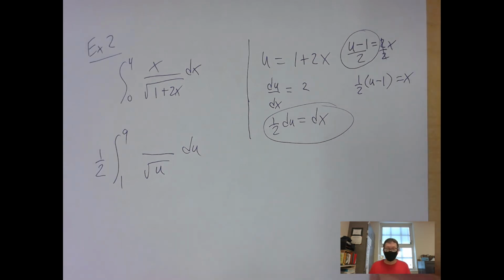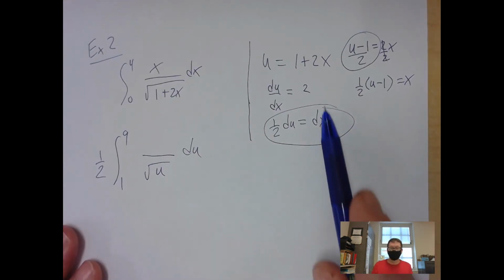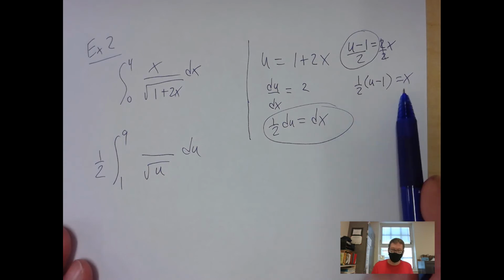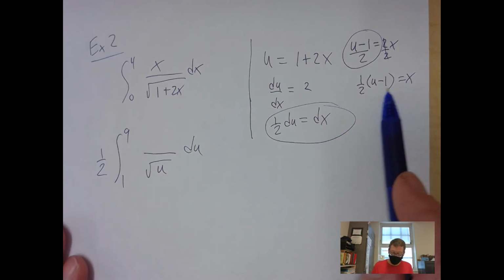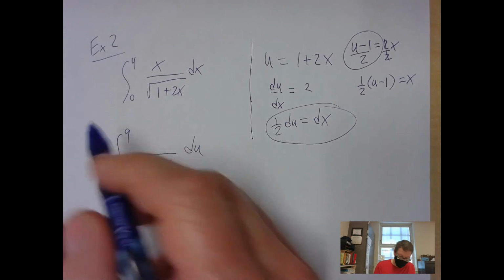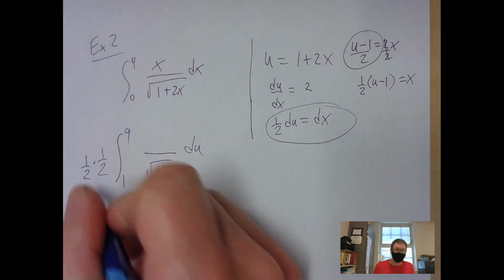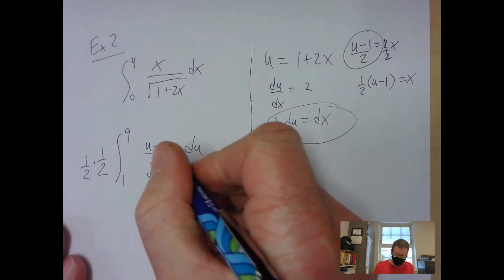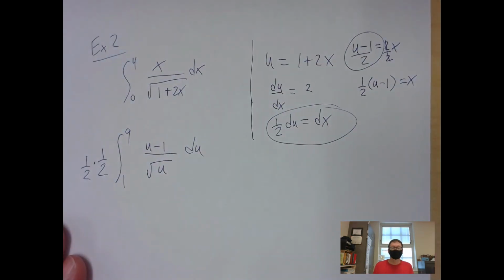I want to do that because that's another constant I can take out to the front. Agree? So I'm going to substitute this in for x, and this 1/2 also comes out to the front, so I'll just put another 1/2 in the front, and then u minus 1 goes right there.